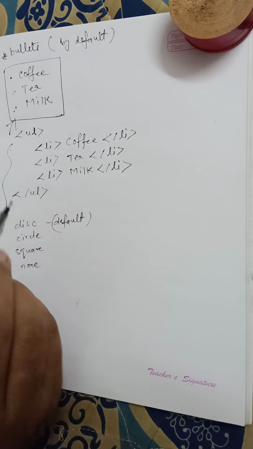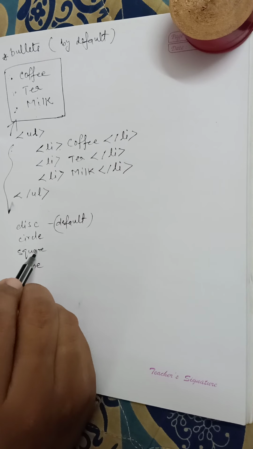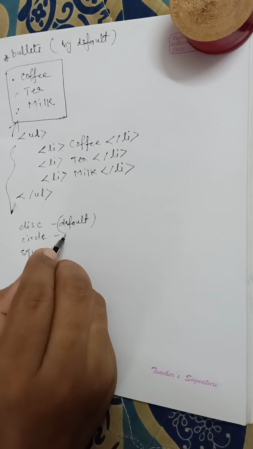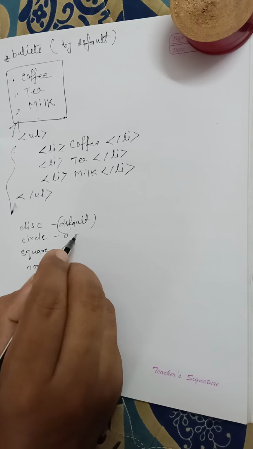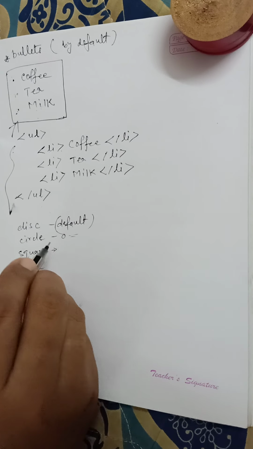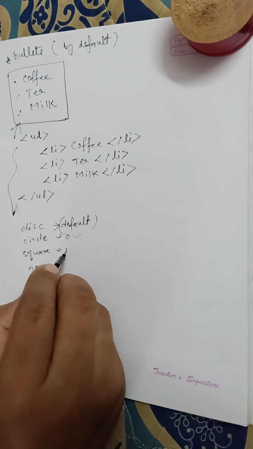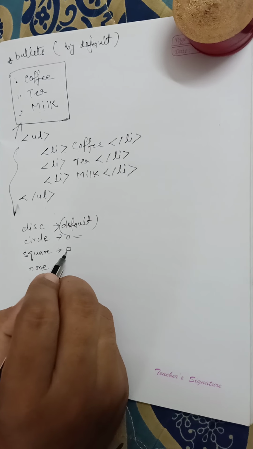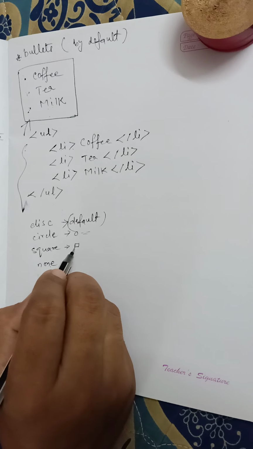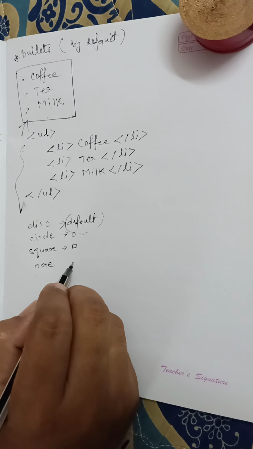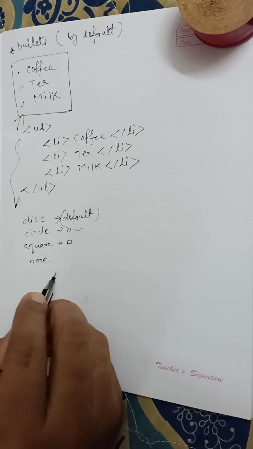These bullets are disk type. Then circle, square and none. For circle you will be having a circle-like mark and then your list item. For square you can see a small square. And for none, nothing is marked, no marking is done before the list items.